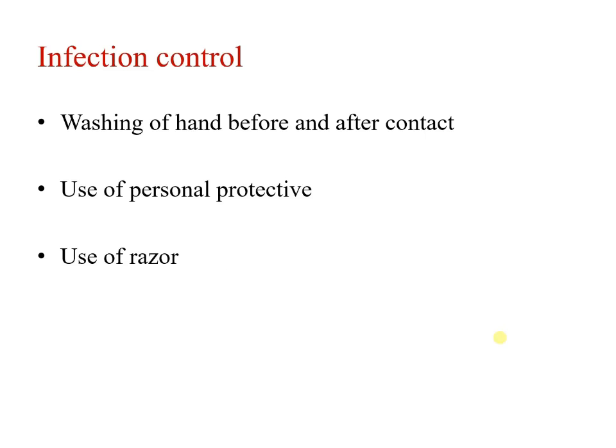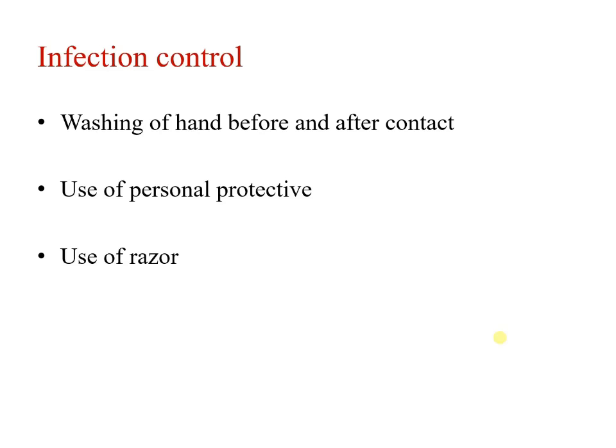Then infection control. How can you control the spreading of infection of virus and bacteria? This can be done by washing your hands before and after contact with the patient.